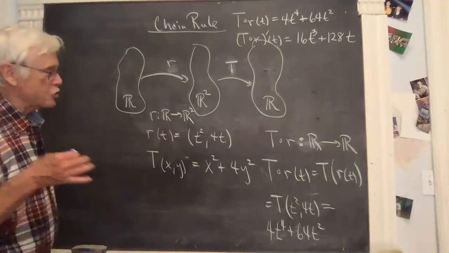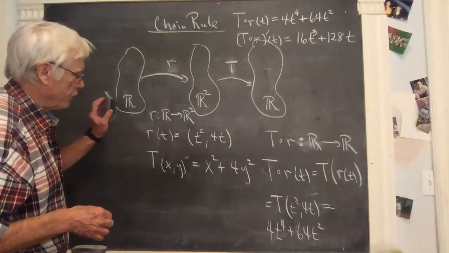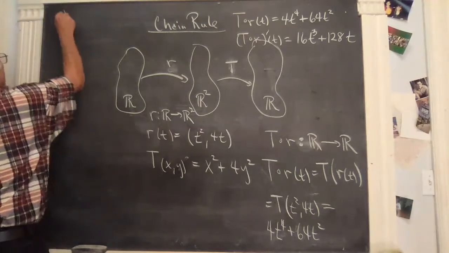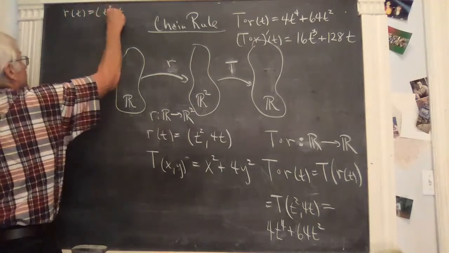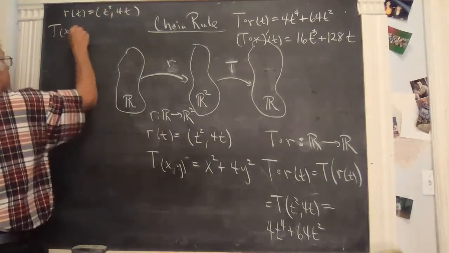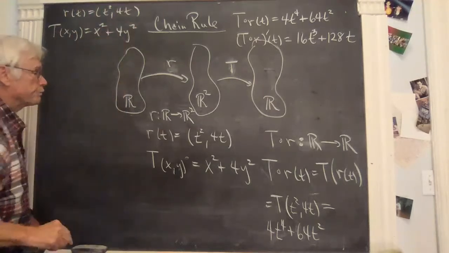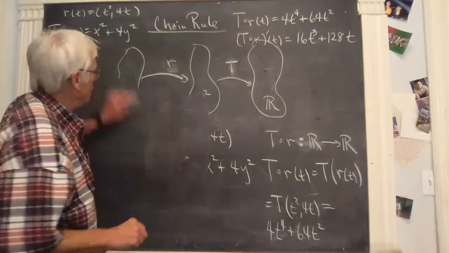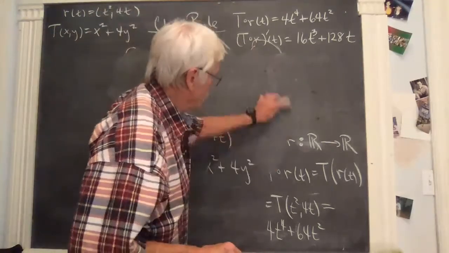And now I'd like to show you how the chain rule works. So I'm going to erase all of this. Maybe I'll put the formulas up here. R of t is (t squared, 4t). And the temperature, T of x and y, is x squared plus 4y squared. Let's erase everything except those formulas.